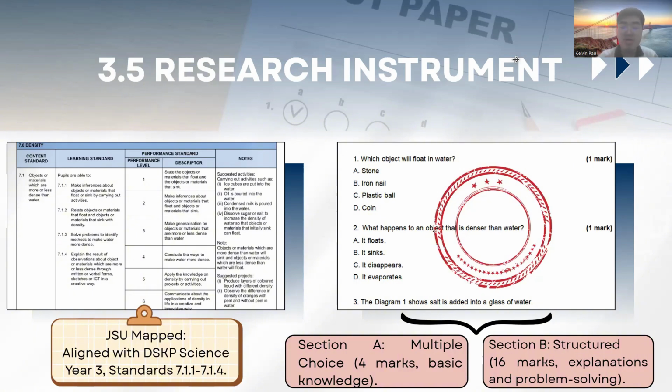The instrument is divided into 2 sections: Section A is the multiple choice questions, and Section B is the structured questions. This instrument is validated by an expert lecturer, and will be tested for reliability using Cronbach's Alpha.